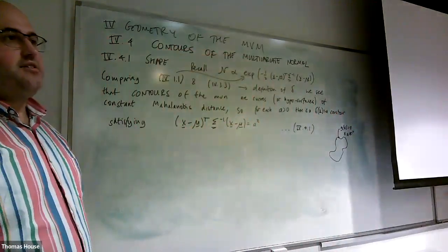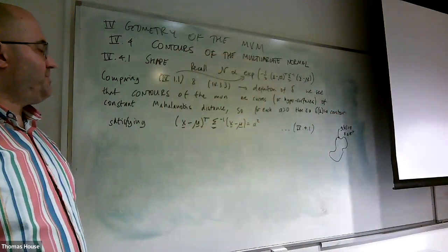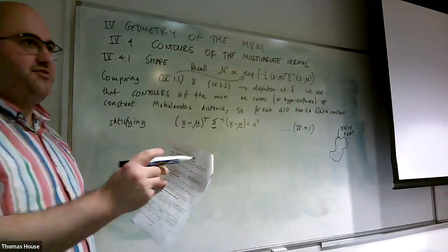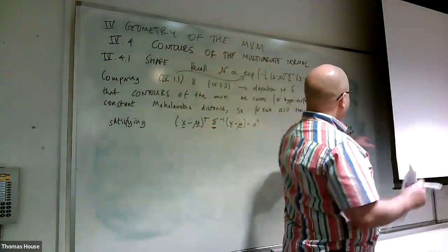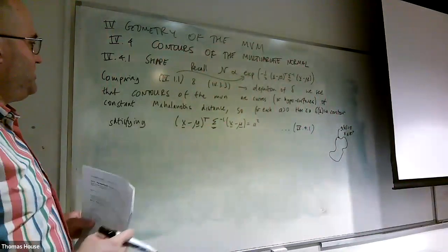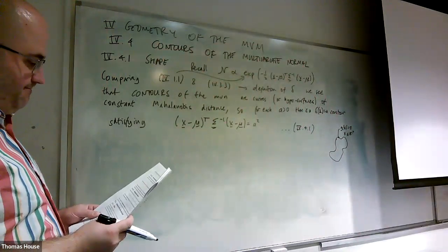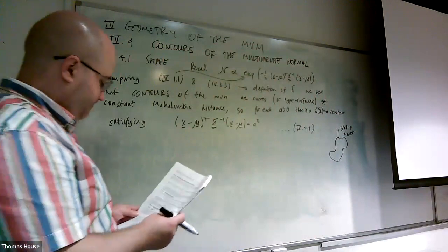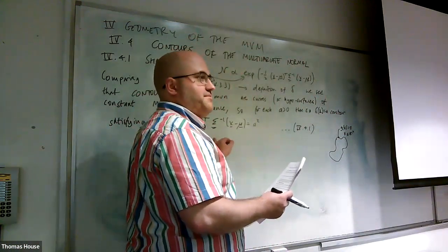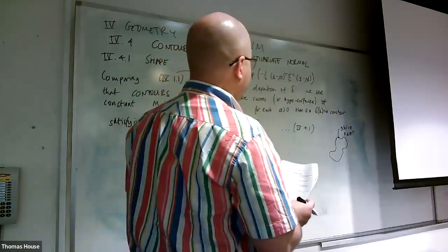If p is 2, it will give you a curve, but if p is bigger than 2, it's going to give you a surface. Okay, so we're going to investigate what this expression is going to mean.